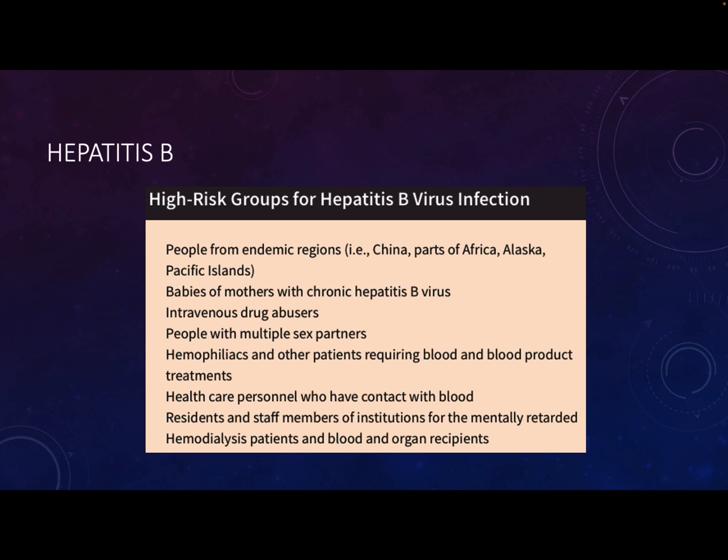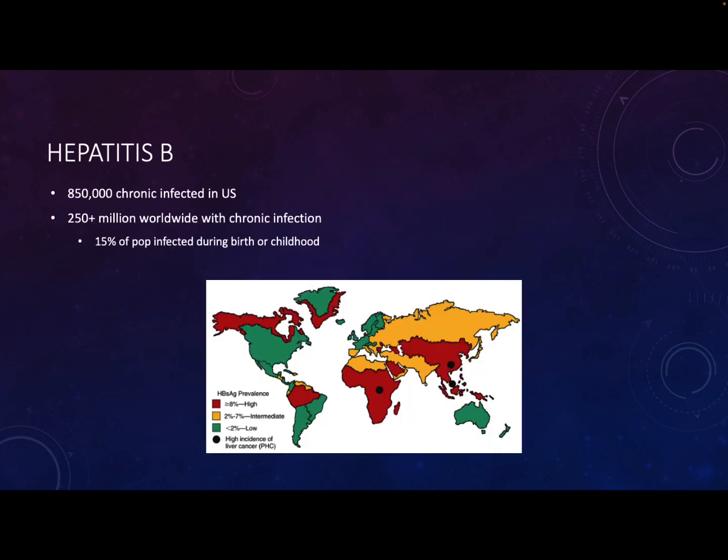On the previous slide, the high incidence of prevalence in the northern portion of North America, is that due to low population numbers? Like, there's less people there, so those that have it, would that increase the percentage?